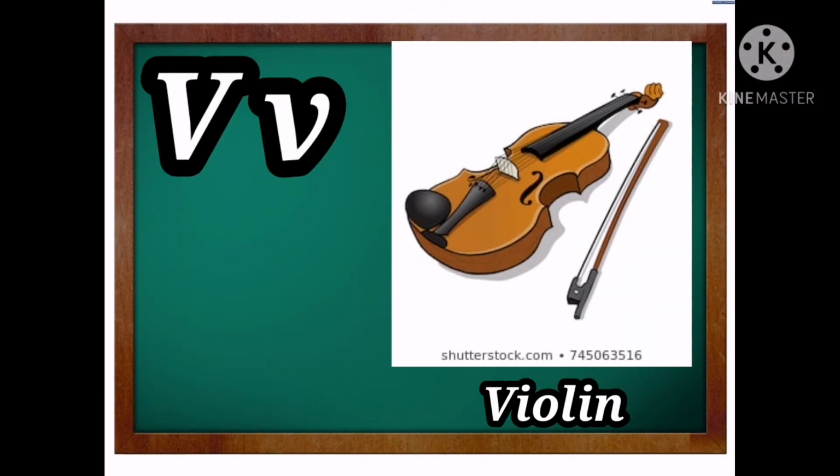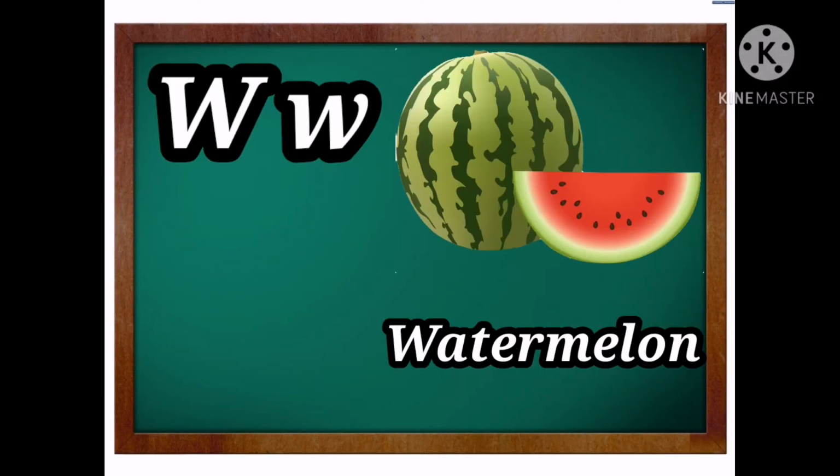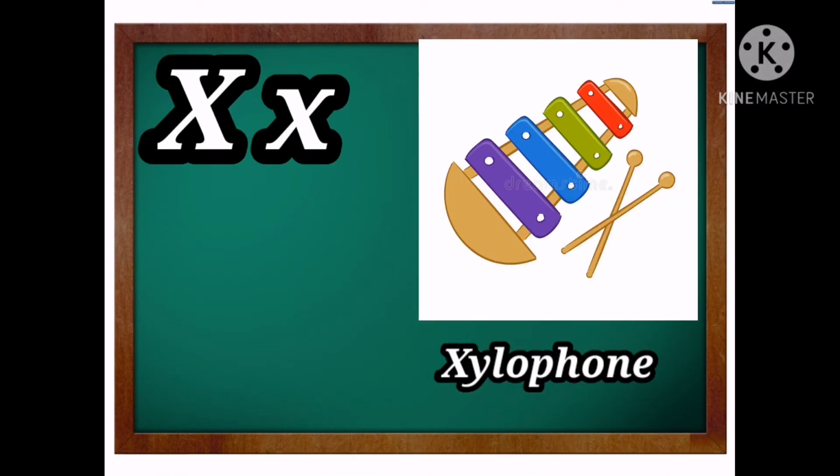V for violin. Learners, impressive. W for watermelon. Learners, impressive. X for xylophone.